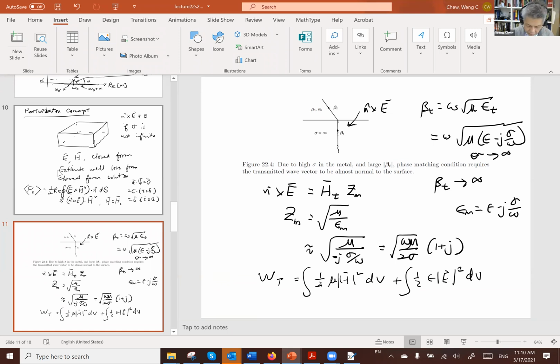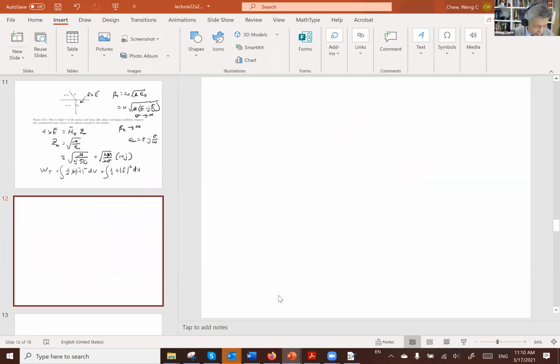But you will find that the Q of the cavity, the microwave cavity, is proportional to Wt over Pd with an omega out there.